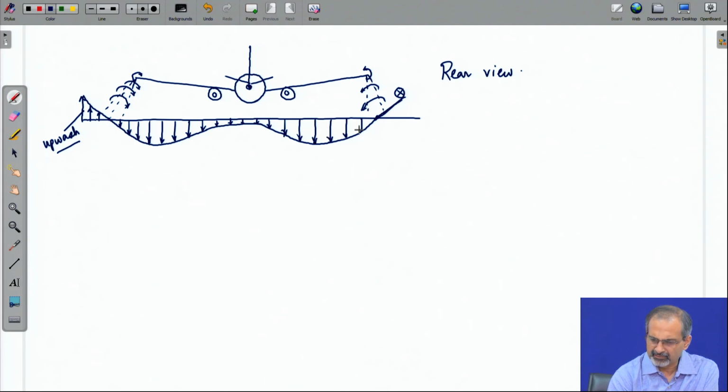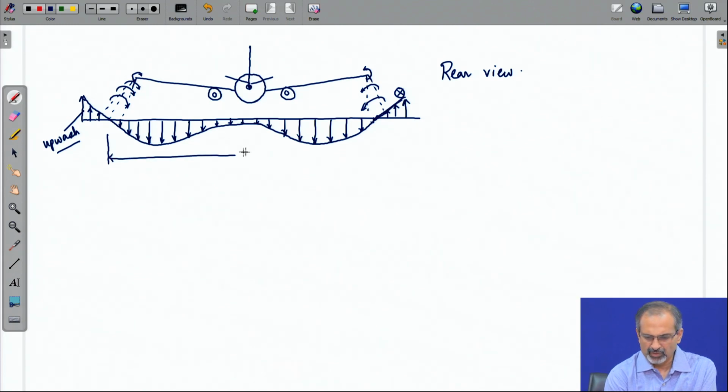Incidentally, the entire wing is experiencing the downward induced velocity, because this is the region which was experienced by the wing, and that contains the downwash effect.